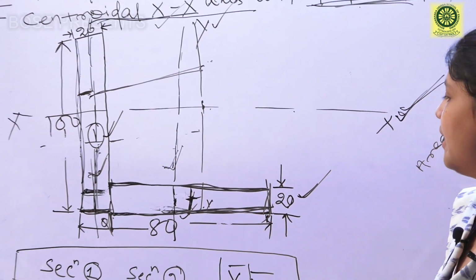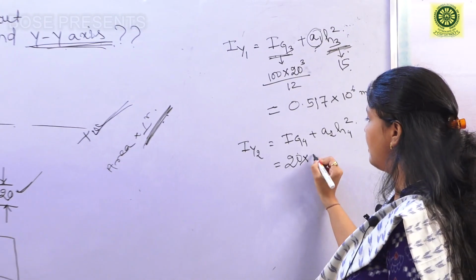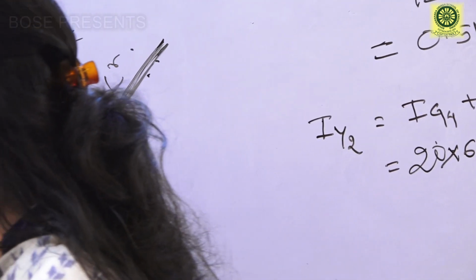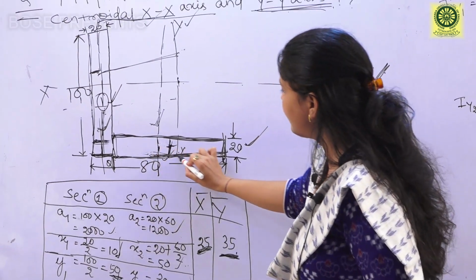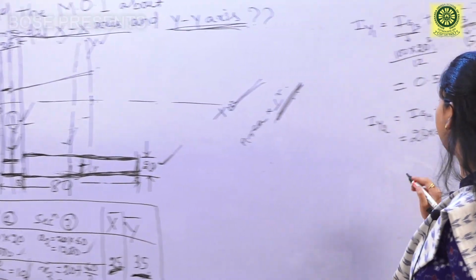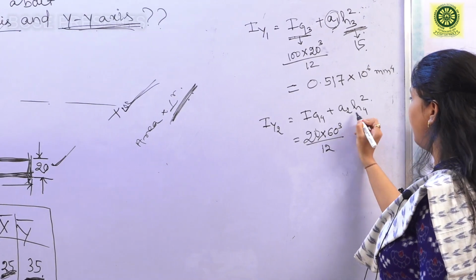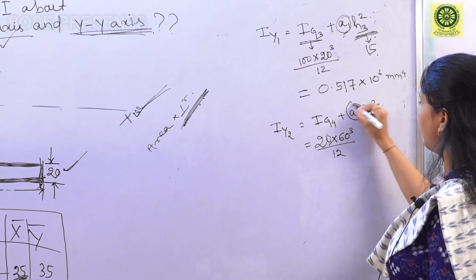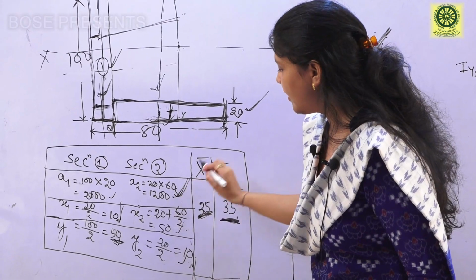So we have to find out the moment of inertia about this axis for the section 2. So what will be the moment of inertia? That is 20 into 60 cube, because this length is 60, and we have considered this rectangle as our section 2. So 20 into 60 cube divided by 12, and now come to H4, because A2 we already found, that is A2 equals 1200.